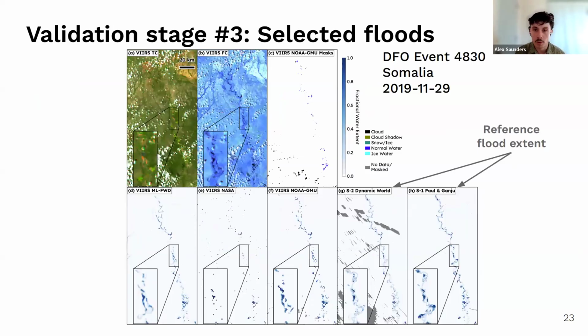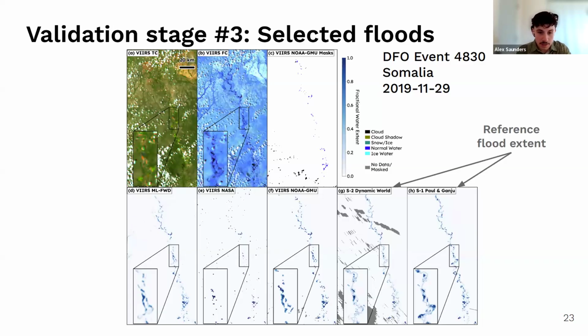And I just wanted to show one more flood event from that validation stage, and this one's from Somalia. I like this one because the flooded area here was actually along a very small river channel, and so this is naturally a challenge for VIIRS methods that use moderate resolution data.